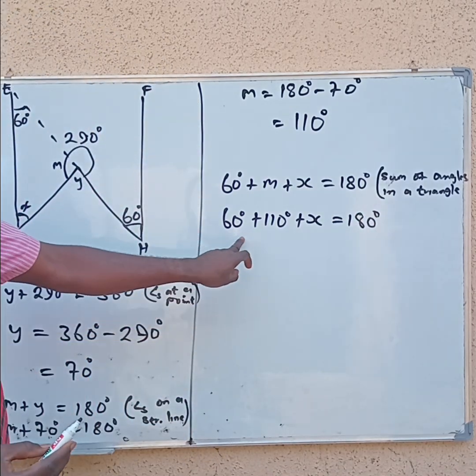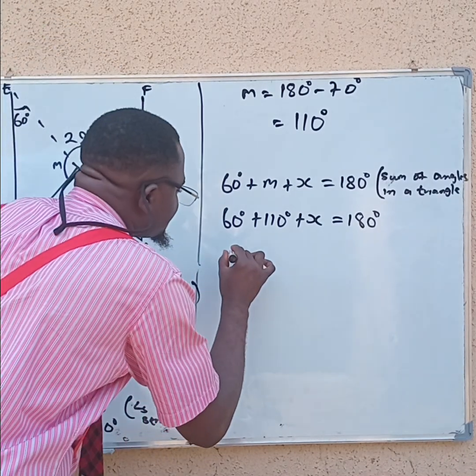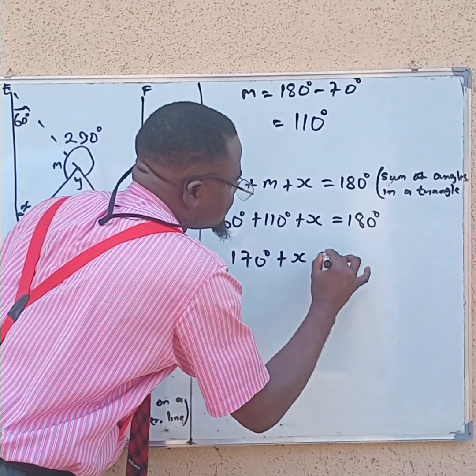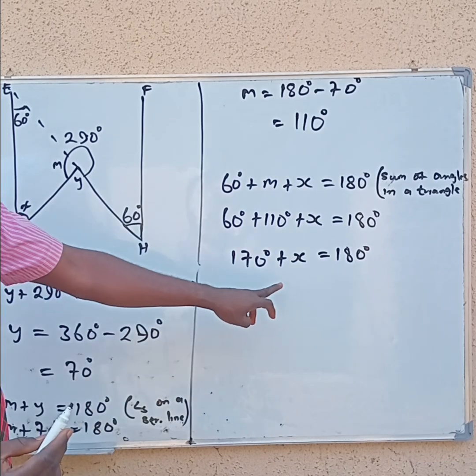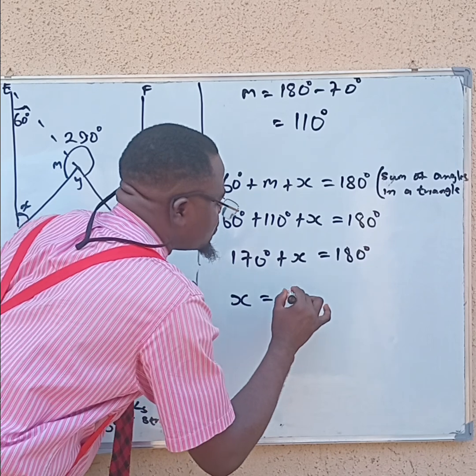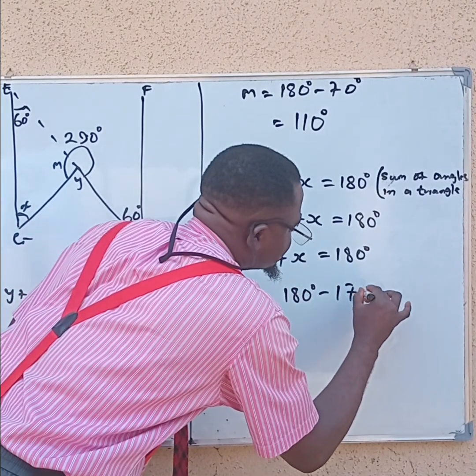Now, 60 plus 110 is 170 degrees. So I can say 170 degrees plus X is equal to 180 degrees. Now, from here, my X will be equal to 180 degrees minus 170 degrees.